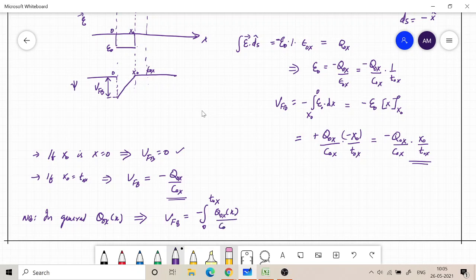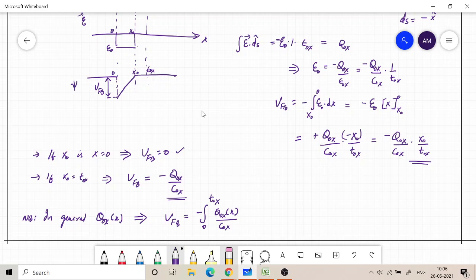by Cox. I am just doing this integration right now by assuming that Qox is not a constant, so it is also a function. In this integral I cannot take it outside. Cox I can take outside, and Tox also I can take outside, but Qox I cannot take outside the integral.